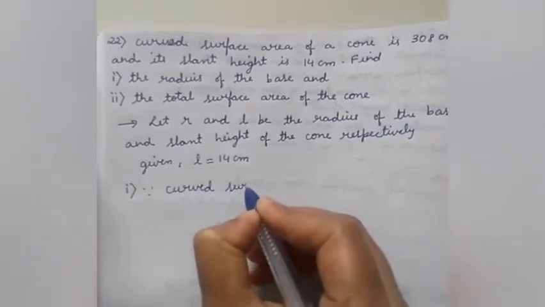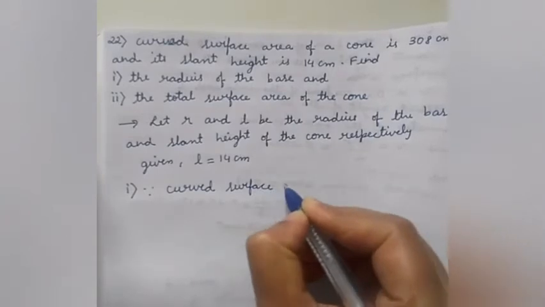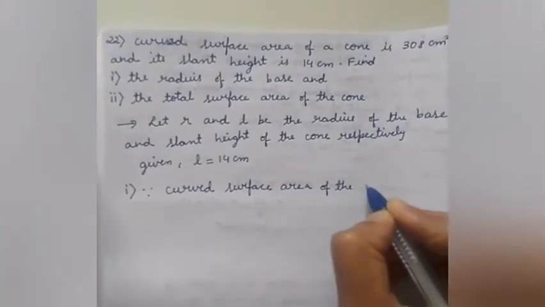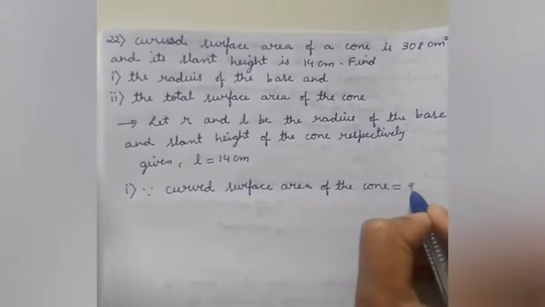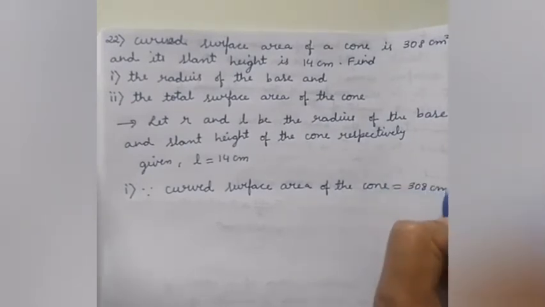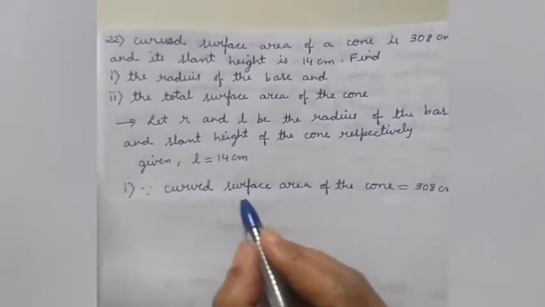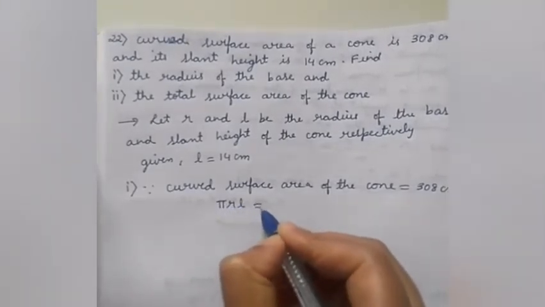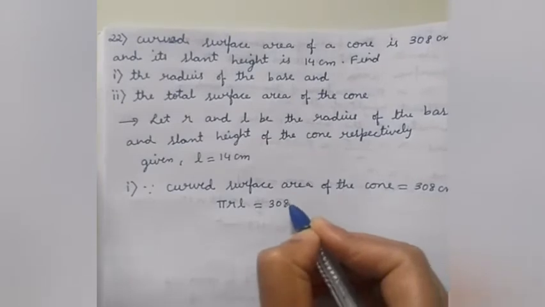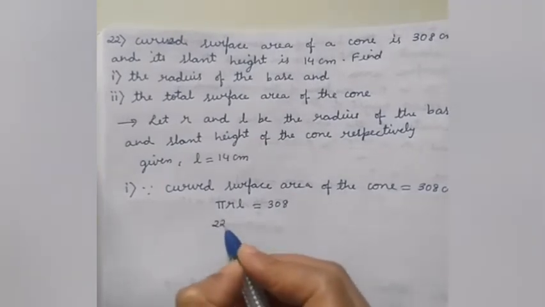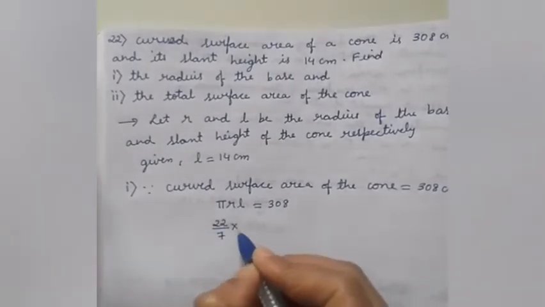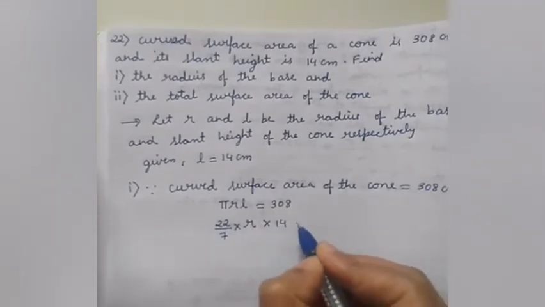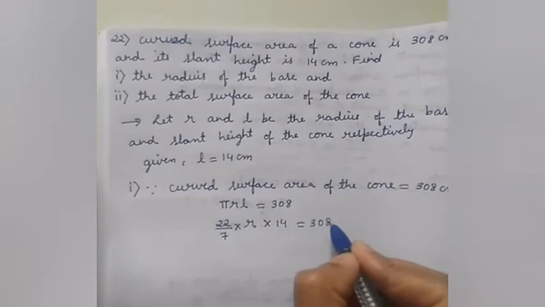Curved surface area of the cone is equal to 308 centimeter square, and curved surface area formula is pi R L is equal to 308. Pi is 22 divided by 7 into R, we have to find R, into L given 14 is equal to 308.